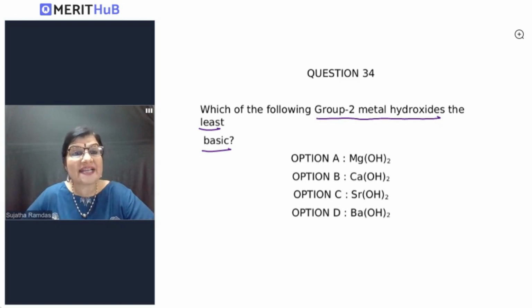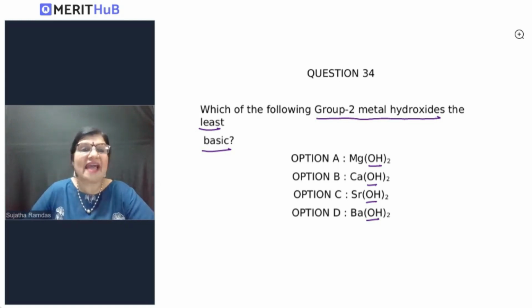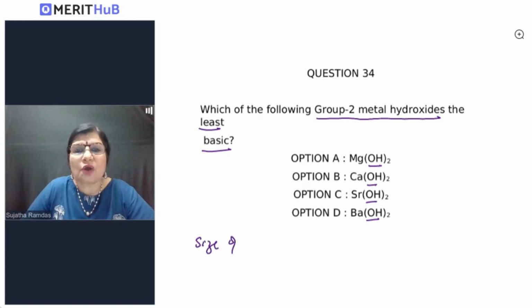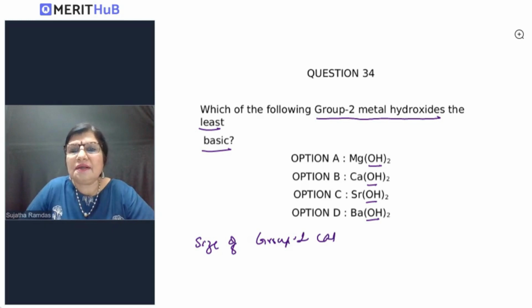Whichever has the highest ability to produce OH minus most readily will be the most basic. The main factor here again would be the size of the cations. If you look at the size of group 2 cations, what do you notice?